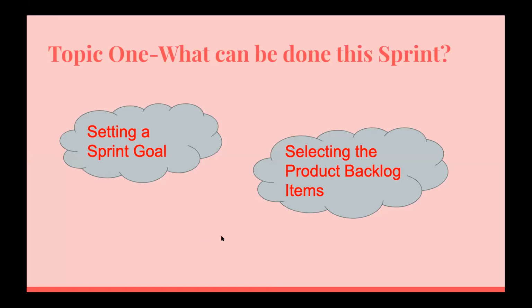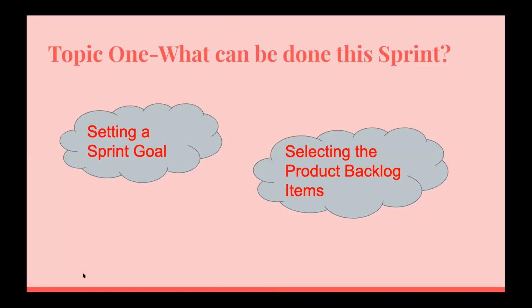First we'll be setting a sprint goal, which is the objective that will be met through the implementation of the product backlog and why the increment is being built. Then you would select the product backlog items, which is up to the development team. The product owner would discuss the objective and the product backlog items, and then the development team would select from the backlog items.